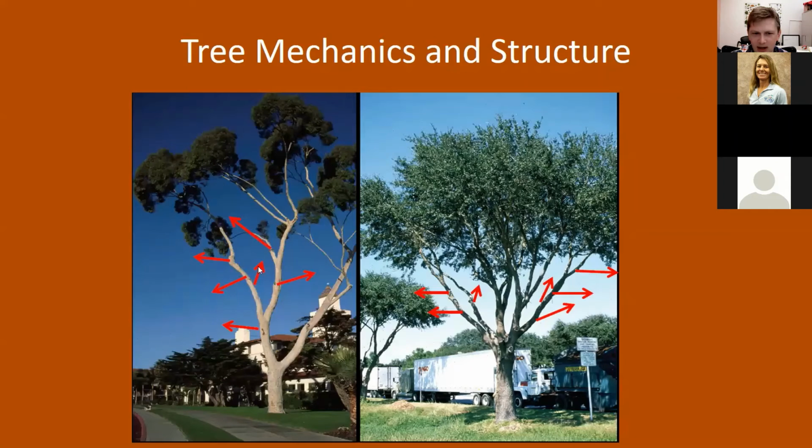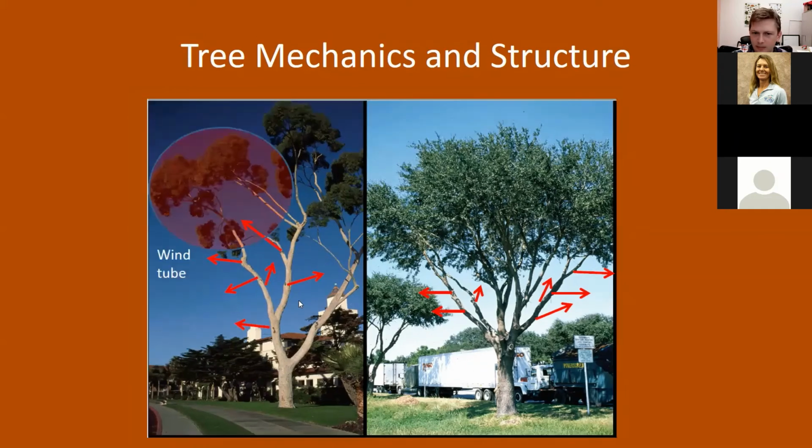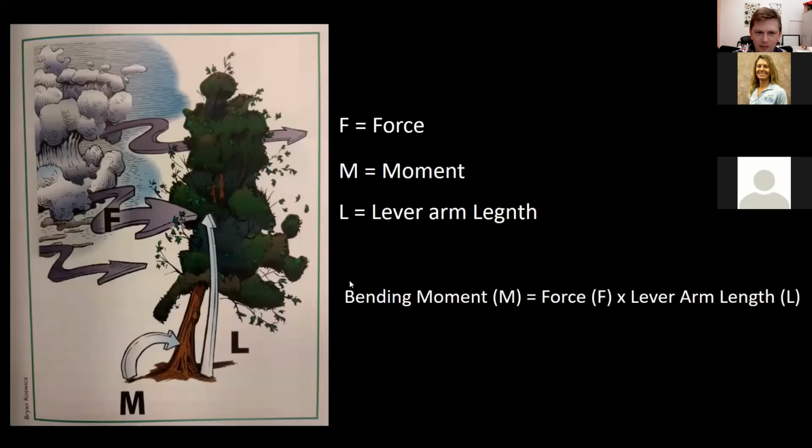And so these branches are moving much more instead of staying stationary. The branches are moving all over the place now, which can potentially lead to them snapping off. Yeah, and that's what these wind tubes hit here. Eventually, that can lead to these branches snapping and failing.